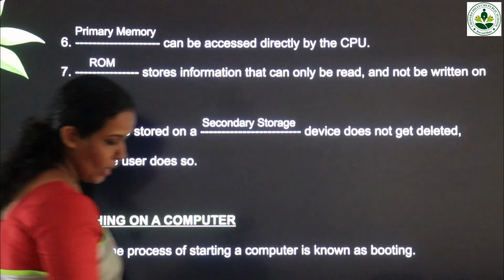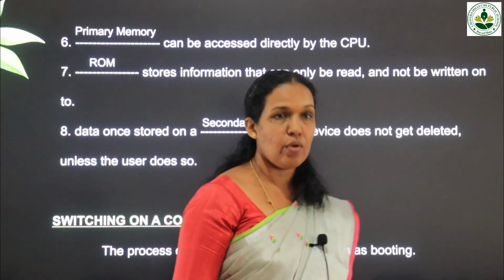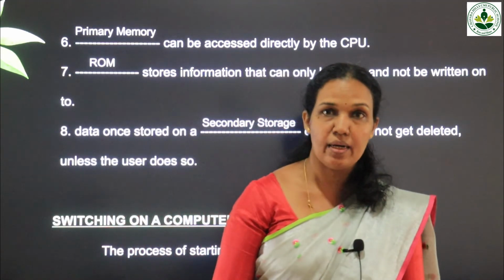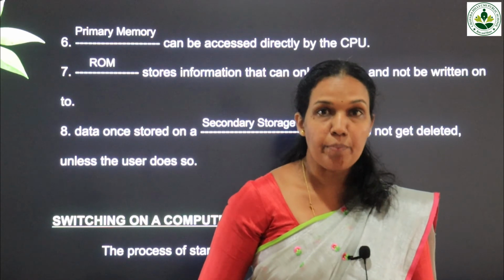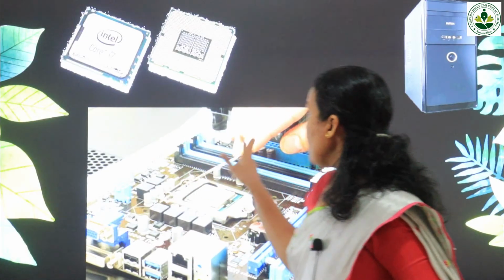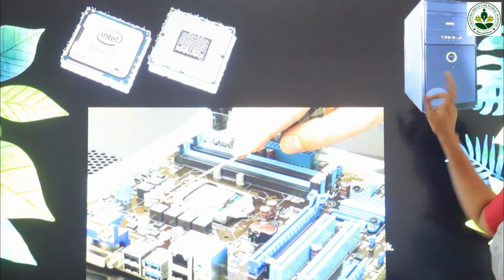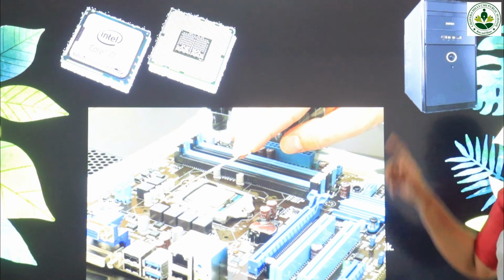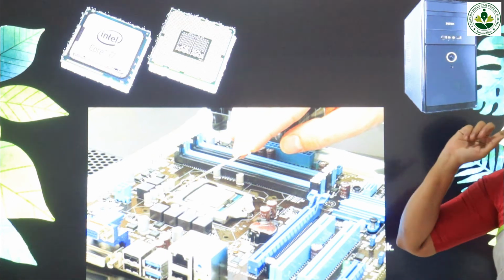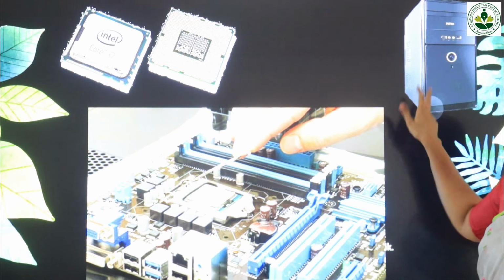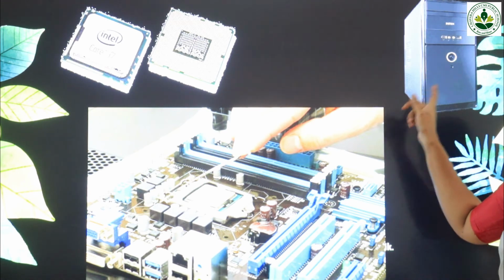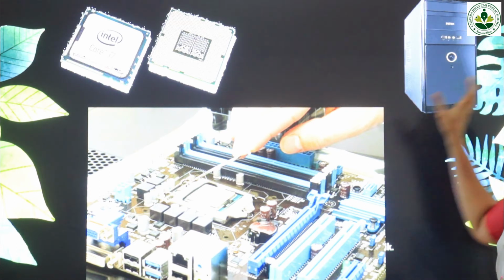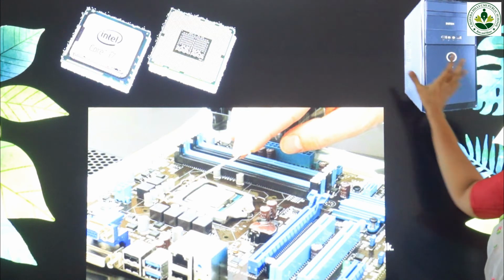Then in the previous classes you have studied that all the processes are done by the CPU. So can you tell me what this is? You might be saying this is the CPU, but it is not the CPU. This is the CPU box. This is only a box.